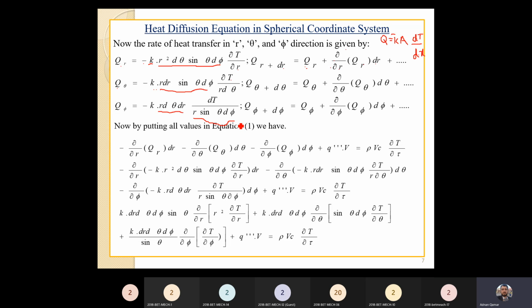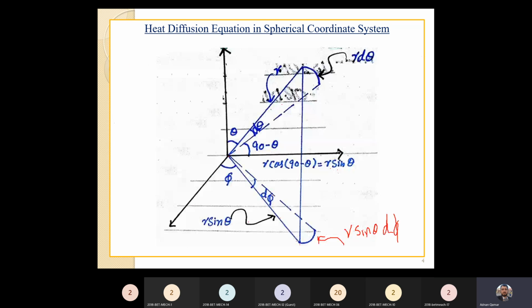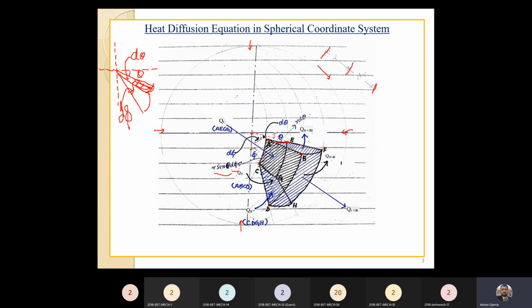And in phi direction, what is the thickness? This is the thickness, because this is q phi, and this is the thickness in this direction towards q phi plus d phi.